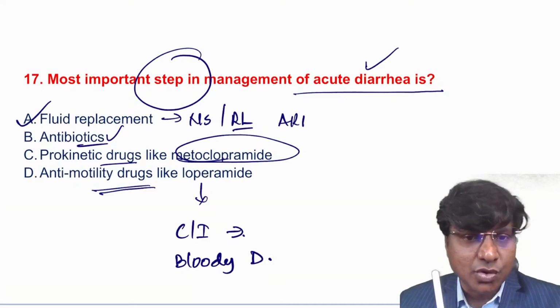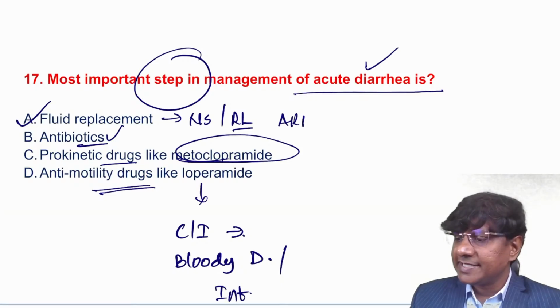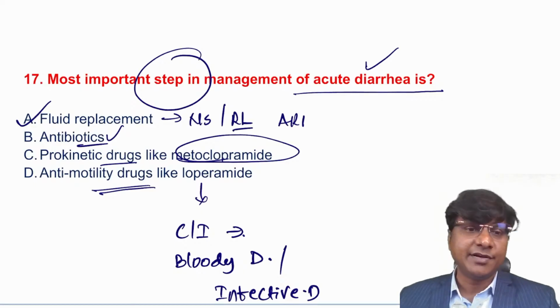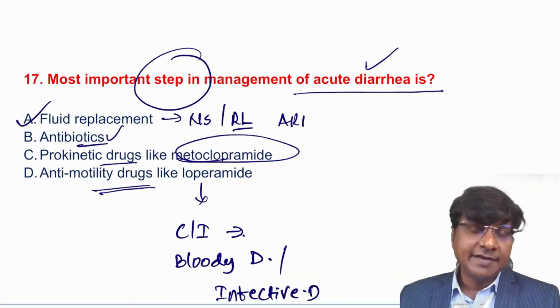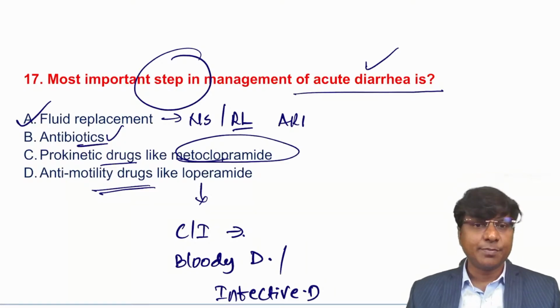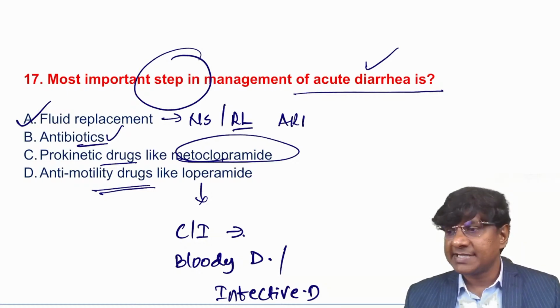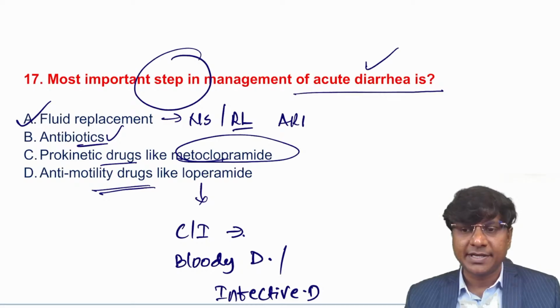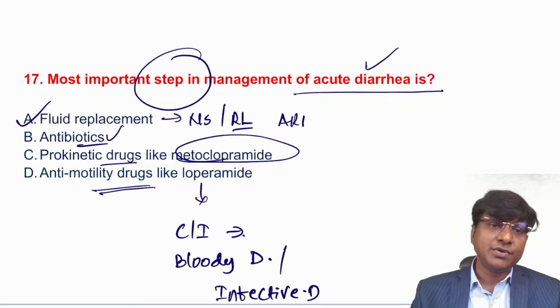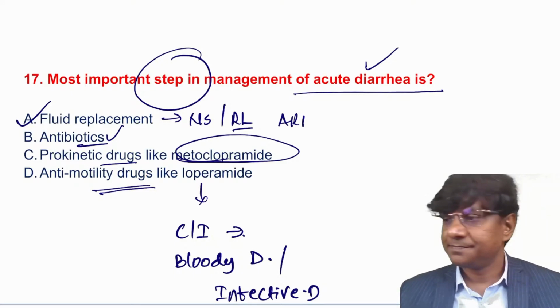Right? And it is also contraindicated in individuals who are having high fever. That is, in infective diarrhea also, you cannot give anti-motility drugs like loperamide. If it is non-infective, then you can give them, but not in case of infective diarrheas or bloody diarrheas. So that is the reason why the important step in the management of acute diarrhea is supplementation of IV fluids, right? So the answer is A in this question.